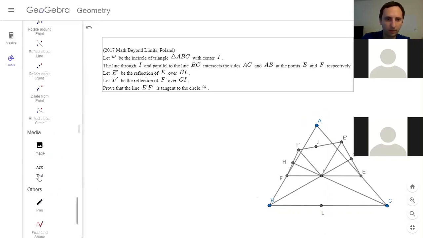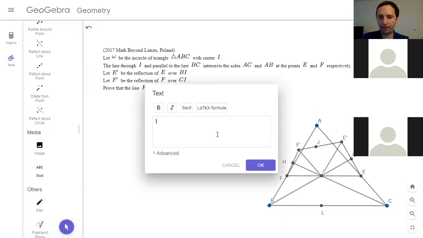All right. So we have angle FIB equals angle IBC equals angle FBI, and so that implies that FI equals FB, and similarly EI equals EC.